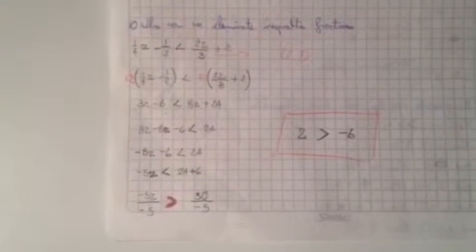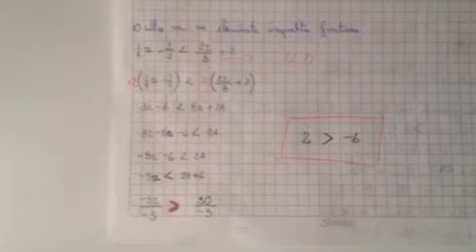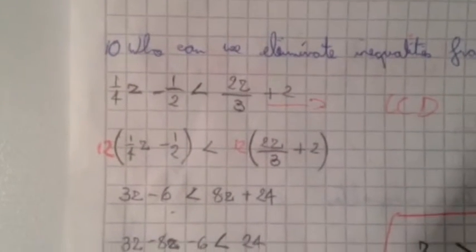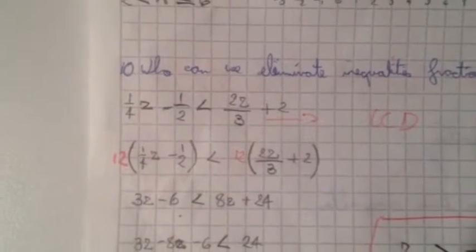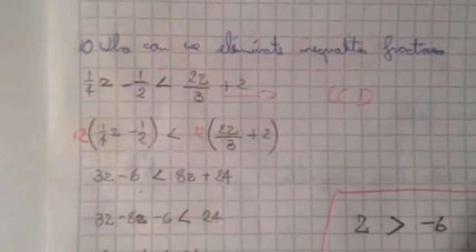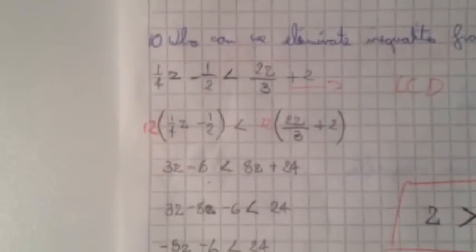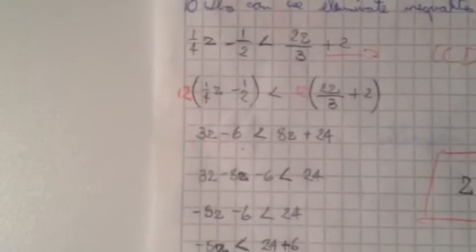Finally, the 10th question is about how we can eliminate an inequality fraction. So we have this fraction that is 1 divided by 4 z minus 1.5 less than 2 z divided by 3 plus 2. So we have to take the least common denominator of 4, 2 and 3, that is 12.